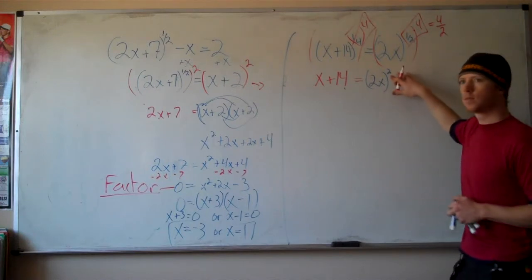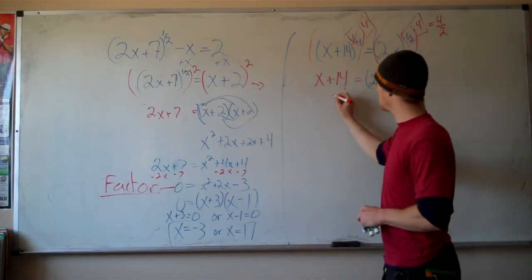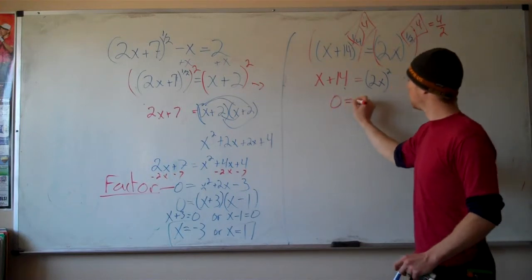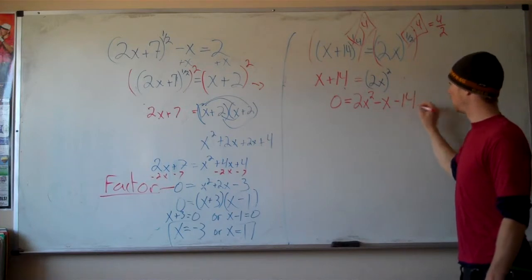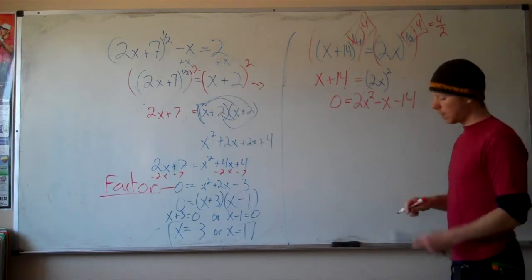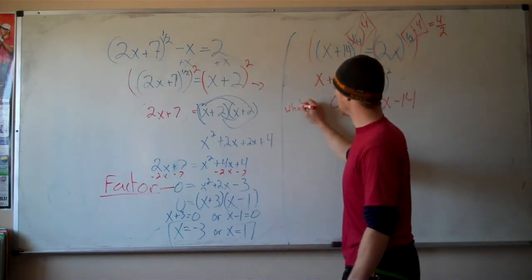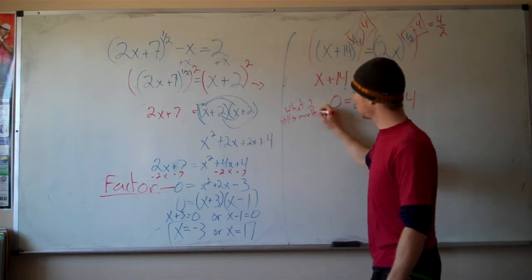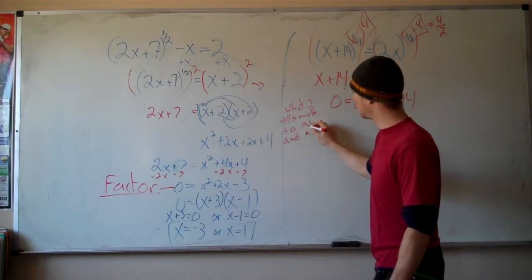Now, your instinct might be to take the square root, but I can't take this square root, so what I do is I follow these steps over here and set it equal to 0. Minus x minus 14. Now I have to ask myself the question, what two numbers multiply to AC and add to B?